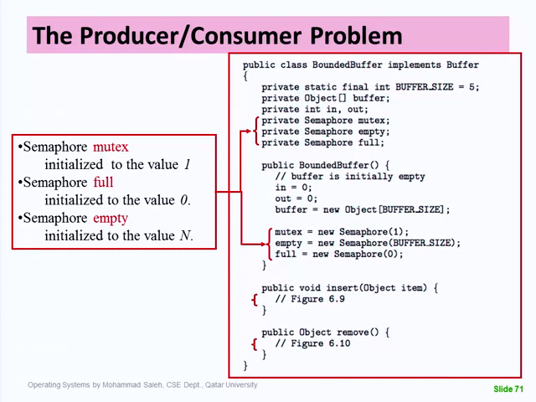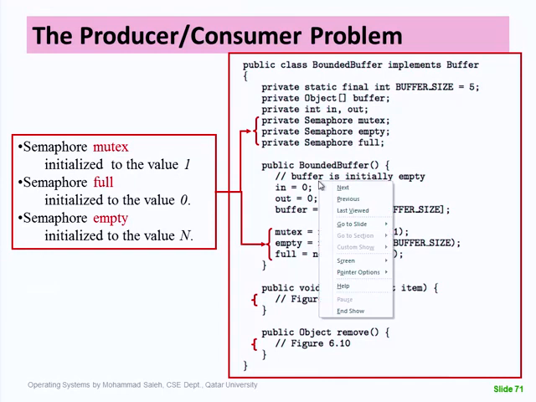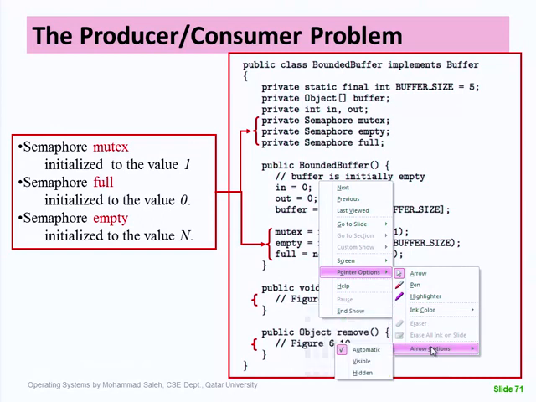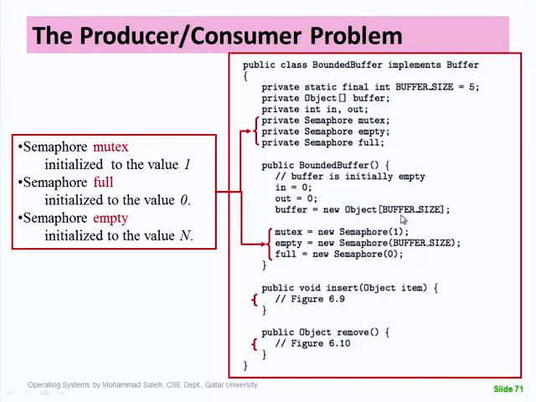And then we have a number of resources for the producer equal to what? Equal to the buffer size. So I have a semaphore initialized to that. And I have 0, okay? No resources for the consumer.